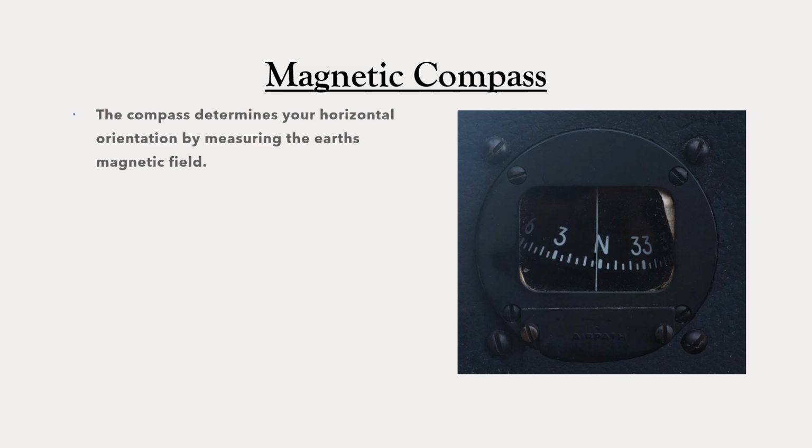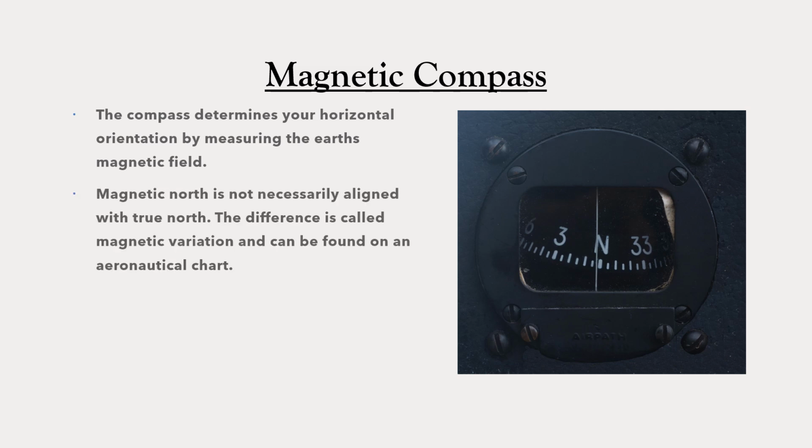So the magnetic compass determines your orientation relative to the Earth's magnetic field. One problem with that is magnetic north is not necessarily aligned with true north. The magnetic North Pole isn't at the same location as the true geometric North Pole for the Earth.